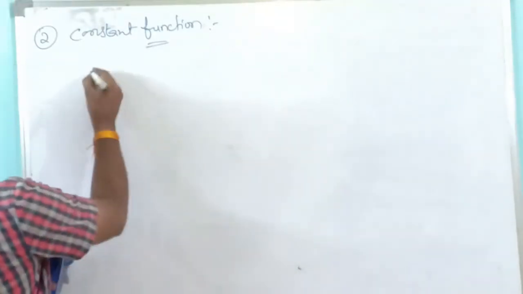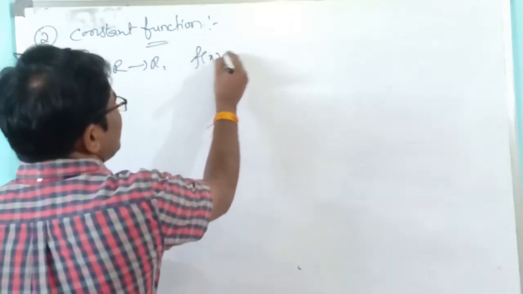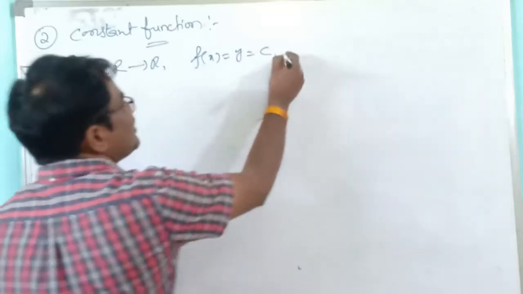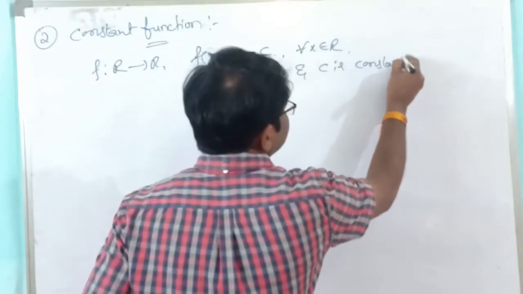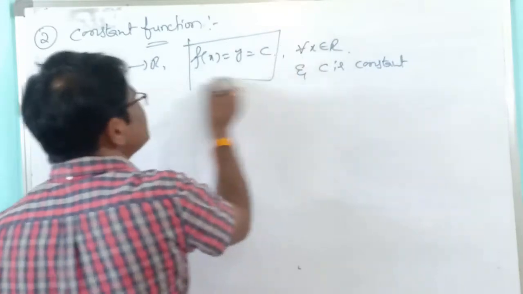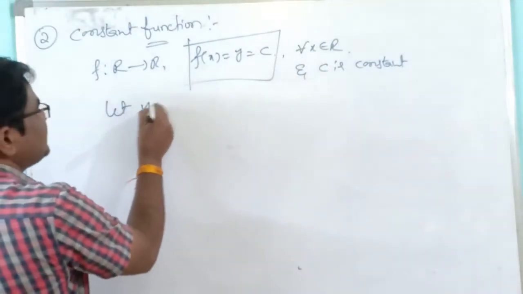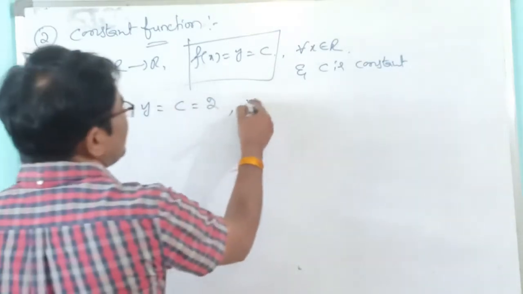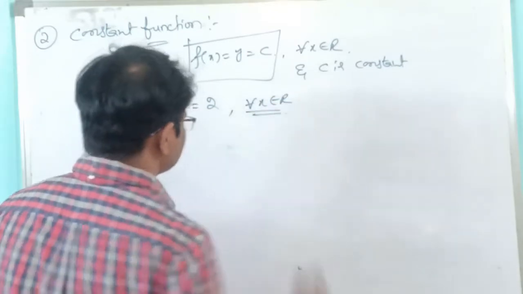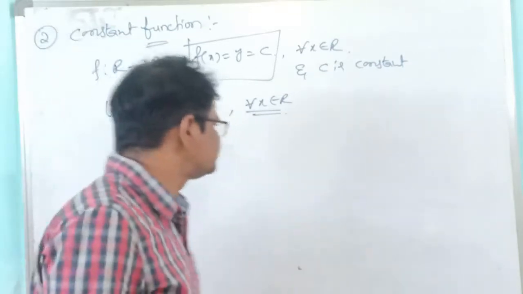A function which is mapping from real numbers to real numbers and defined by f of x equal to c for all x belongs to real numbers, and here c is a constant. So this is called the constant function. Suppose you take y equal to c, and that c I will take as 2. So here x belongs to real numbers only. So for y equal to 2, you draw the graph.